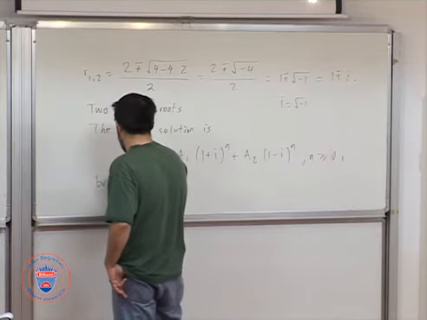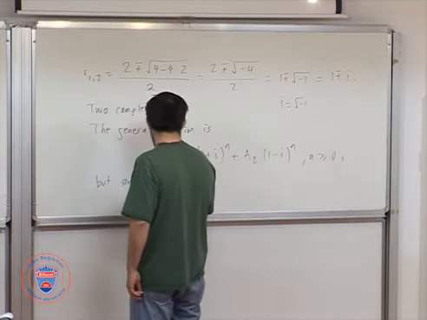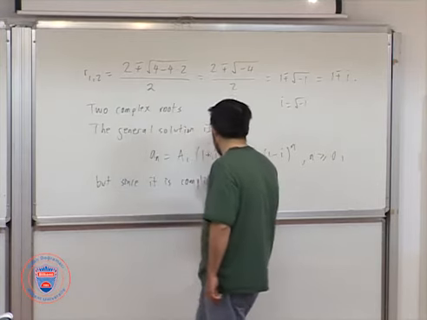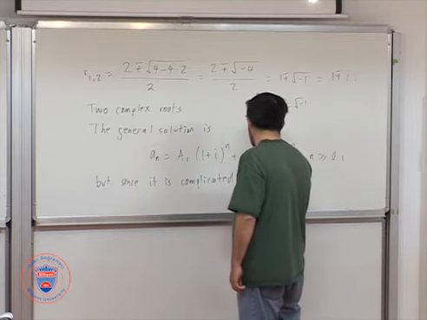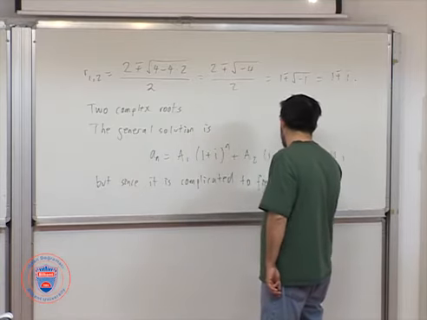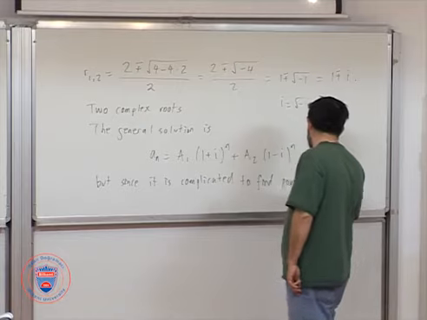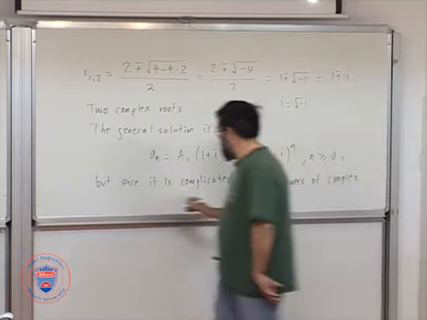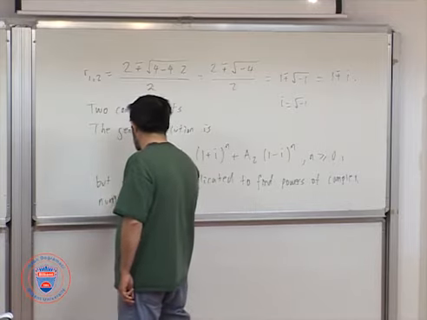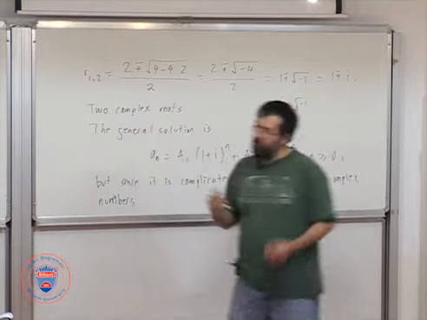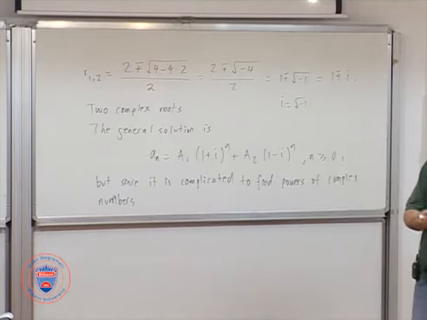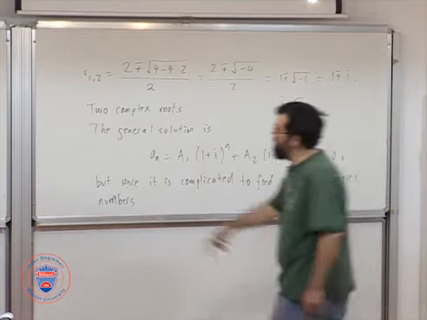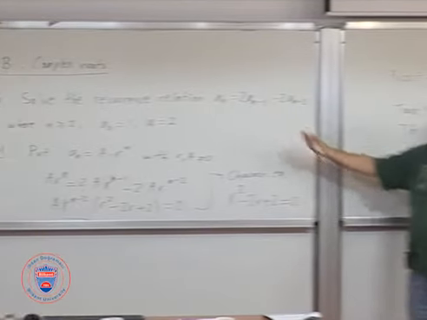But since it is complicated to find powers of complex numbers, we also note that this is a recurrence where you start with numbers like 1, 2, and then you apply this linear equation to get other numbers.